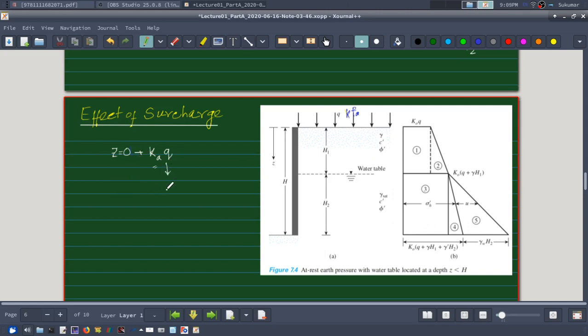So what we can write is this remains constant throughout the depth.